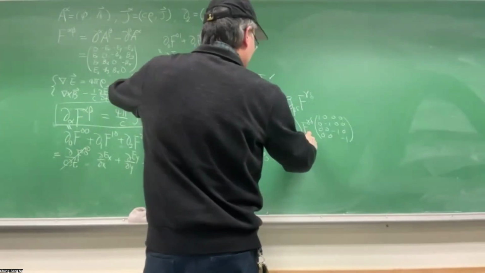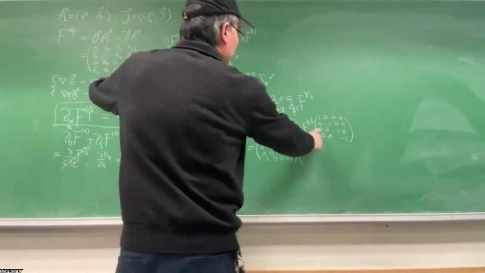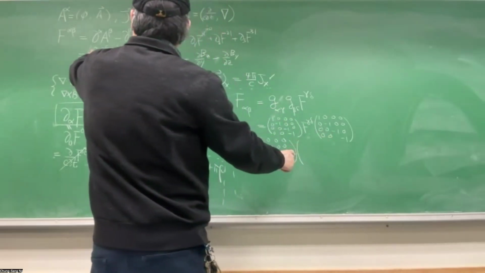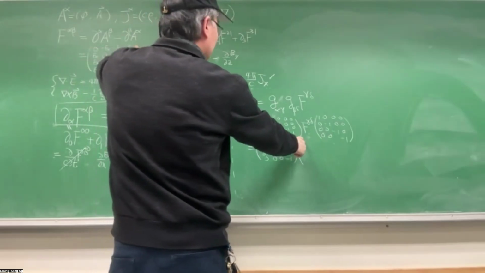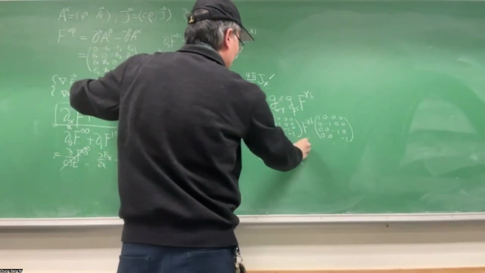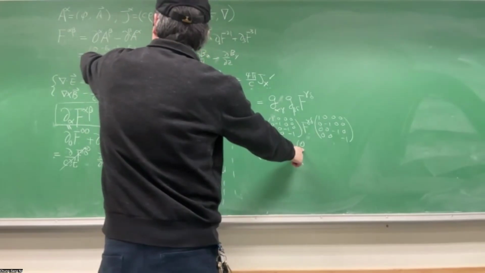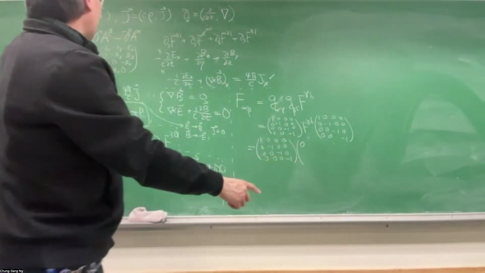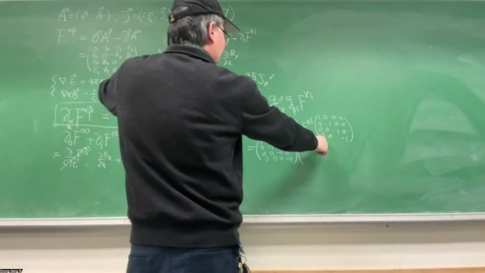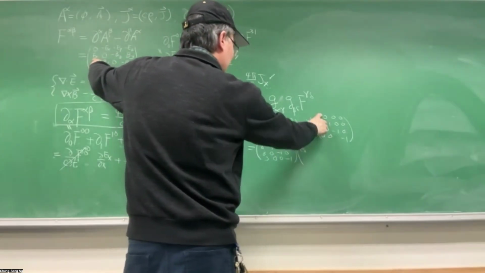If this is this one, right? So this multiplied by this one multiplied by that one. So you see that the first element is this one multiplied by this one, obviously 0, totally 0. And the second element is this row multiplied by the first column, which is obviously just the Ex, right?